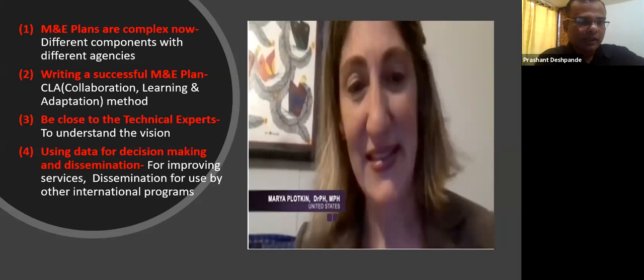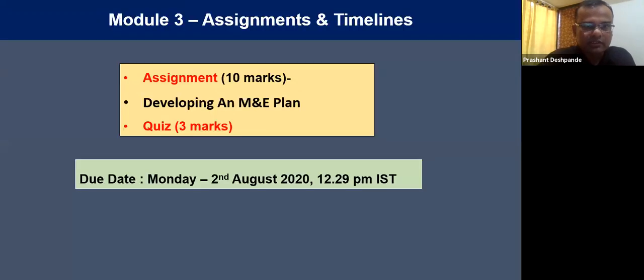So that is one video. Then she mentioned that whenever you develop an M&E plan, you have to be close with the technical expert because you can understand what they want, what their vision is. So please work closely with the technical expert when you are developing an M&E plan. And through the M&E plan, you have to use data for decision making and dissemination.